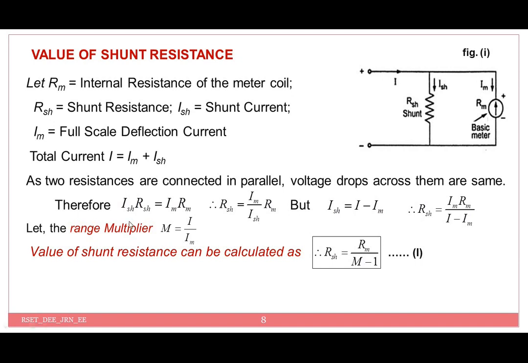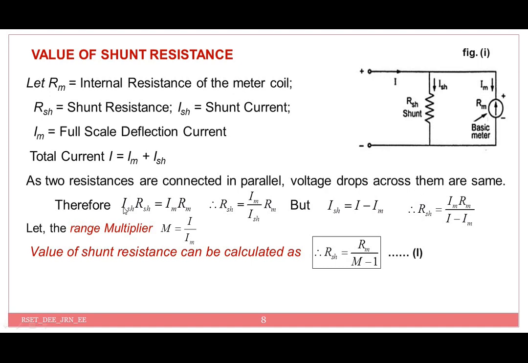Let Rm be the internal resistance of the meter coil, RSH the value of the shunt resistance which has to be computed, ISH the shunt current, IM the full scale deflection current. So, total current we have already seen, I is equal to IM plus ISH. As two resistances are connected in parallel, voltage drops across them will be the same.